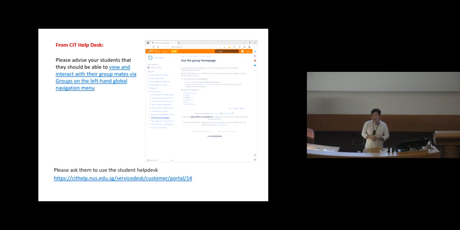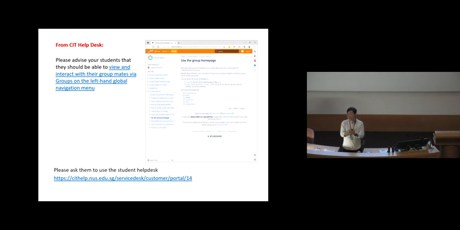Canvas. If you have a problem with using Canvas or the group assignment and so on, please go here. Over the weekend, 3 students emailed me. The CIT technical support staff helped 2 of the students lodge a report, but one of the students couldn't do that.